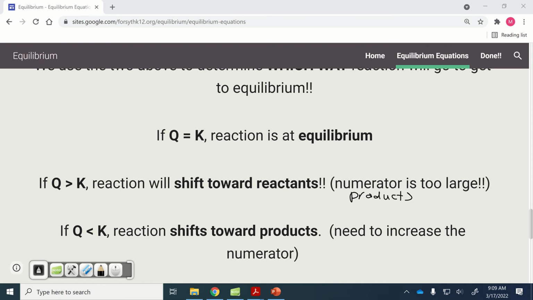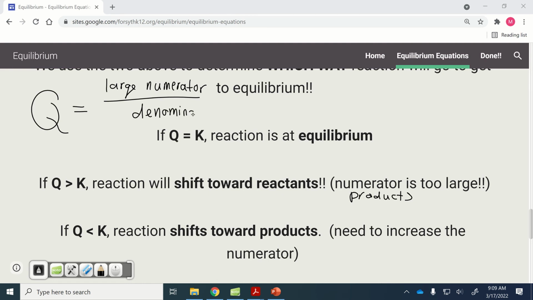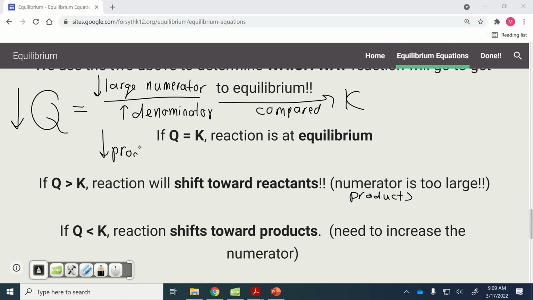So if you have a large Q, that means we have a large numerator at the top over the denominator, compared to what K is. Essentially I need to lower the Q value. The way to lower the Q value is to lower the numerator and increase the denominator. In other words, reduce the amount of products, which will produce more reactants.